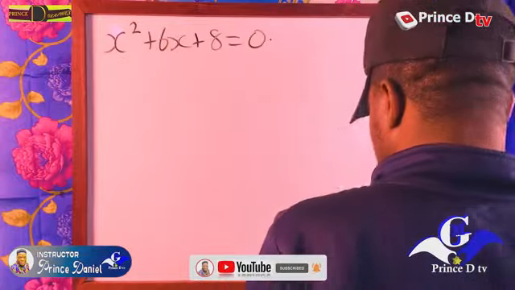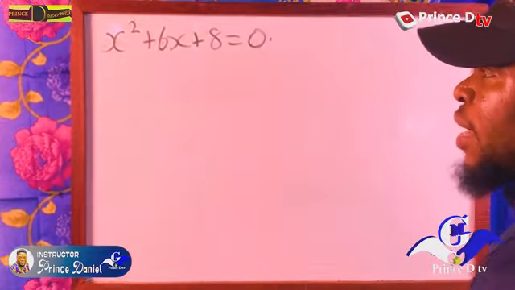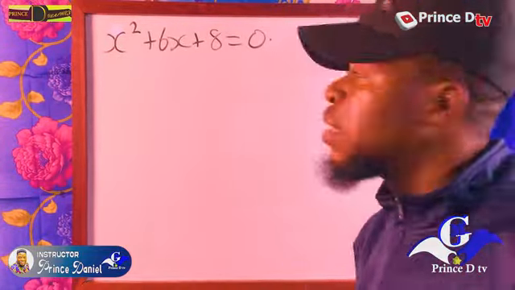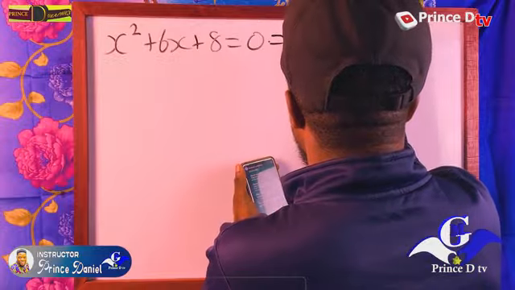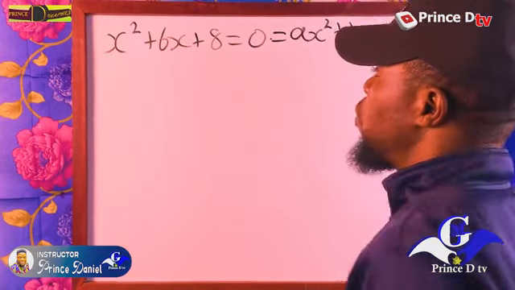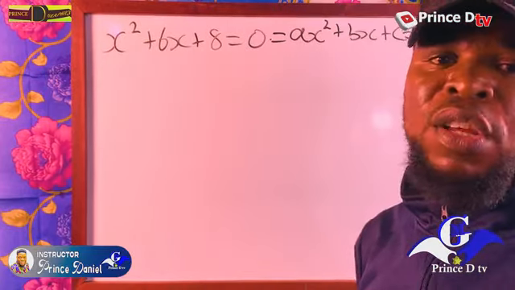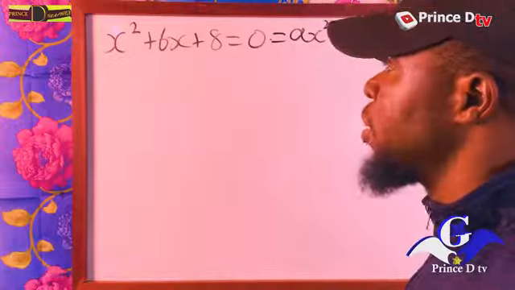Now, the first step, we have to write that equation in standard form. So we must make it to be in the general form: ax squared plus bx plus c equals 0, which already it is. So that's the first step when completing the square. Make it to be in the standard form, the general form.